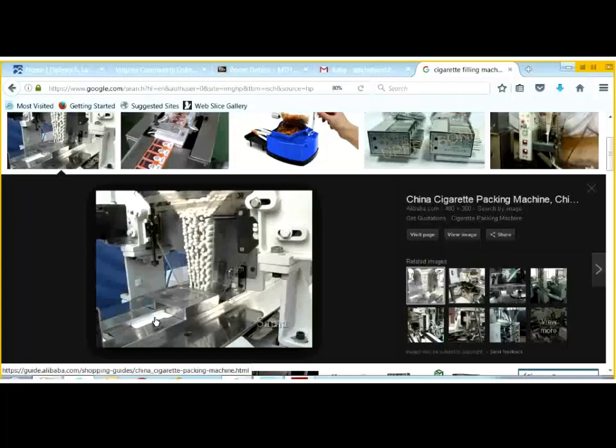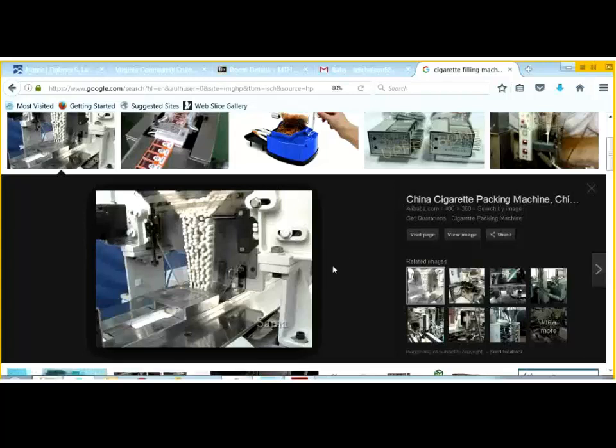One of the reasons they use hard packs rather than soft packs: even though the material to make the hard packs is a little more expensive, you can run the machine so much faster. So the production rate overshadows the additional cost of the different kinds of cigarette packs.